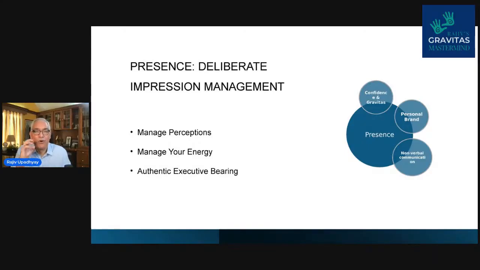And if they get a positive signal, positive vibe from you in the first few seconds, and they positively connect with you, then you get an opportunity to share with them your thought leadership, your perspectives, and you have an opportunity to make an impact, right? So very important for you to look at your physical presence as a critical area to work on when you are building your executive presence.